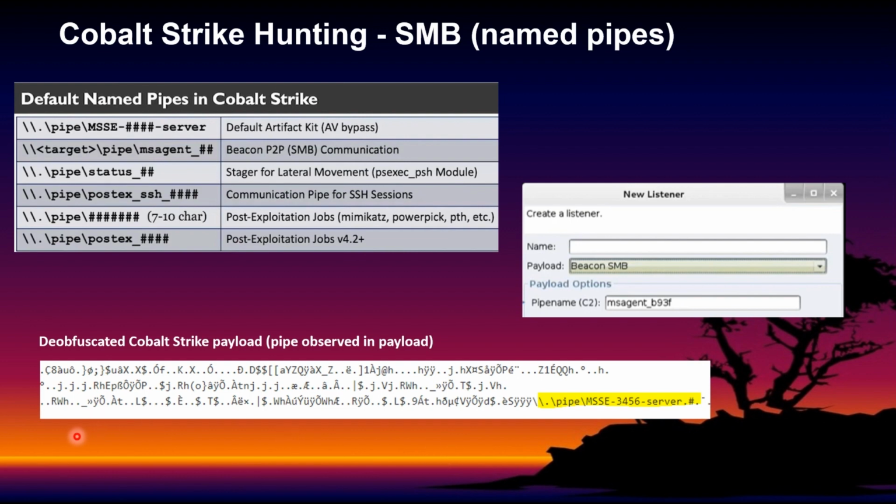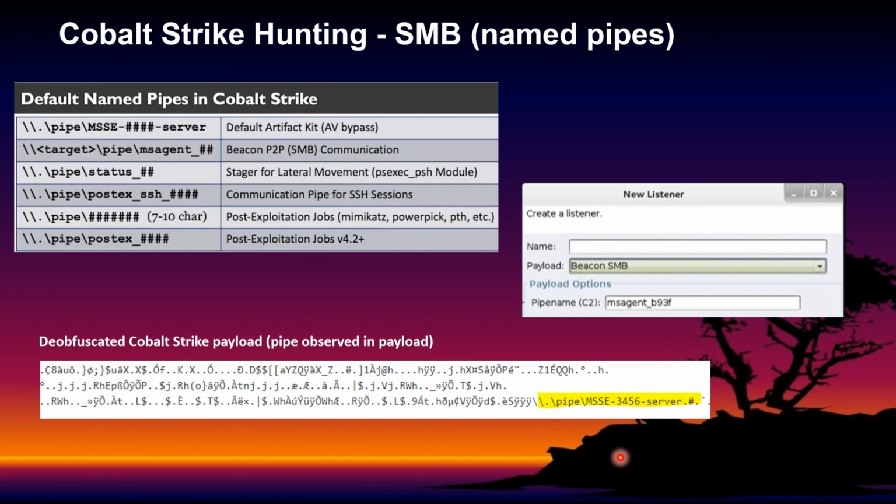Here is an example of an already deobfuscated Cobalt Strike payload, and you can see the type of payload, and it's this one, default artifact kit. We can see the pipe, MSSE, 4 digits here, and dash server. So for that purpose, the attacker used this pipe.